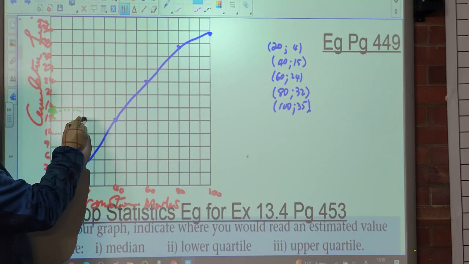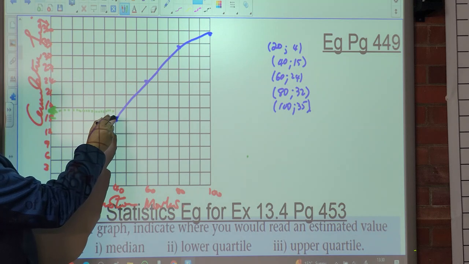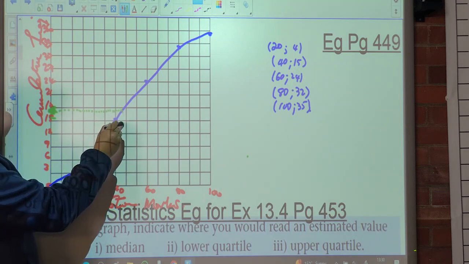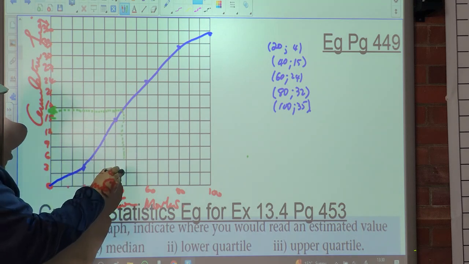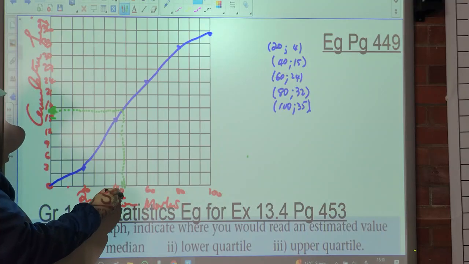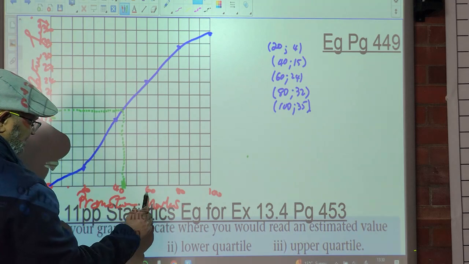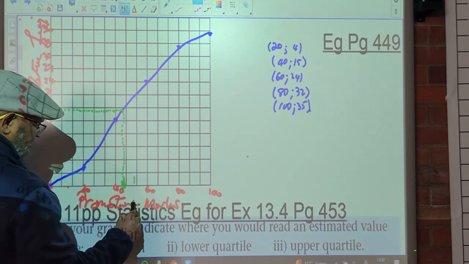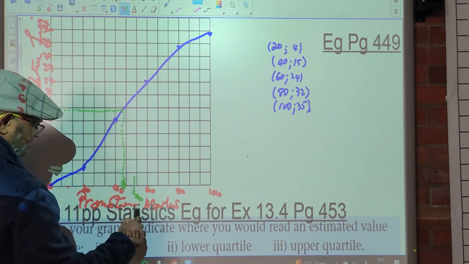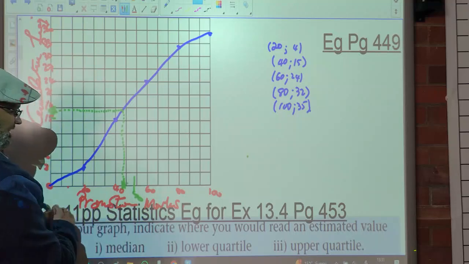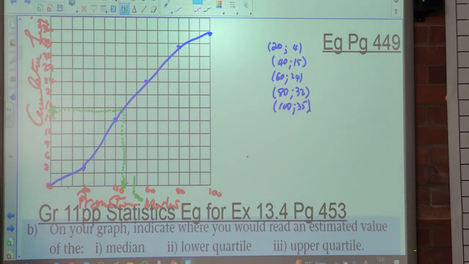So what we do is we take our ruler and we go across there, we read the graph, and I come down here and take the reading. Okay. So if this is 40 and that is 60, then 50 is in the middle here, not so? So that I would assume is at about 45. Can you see that, people?